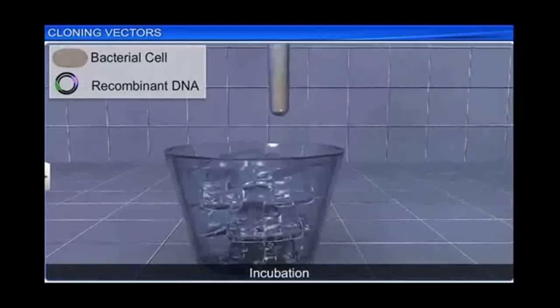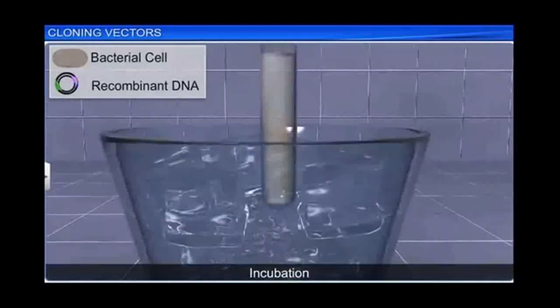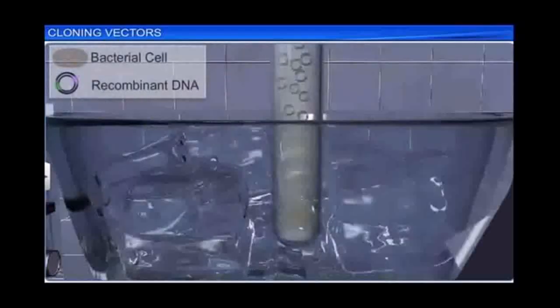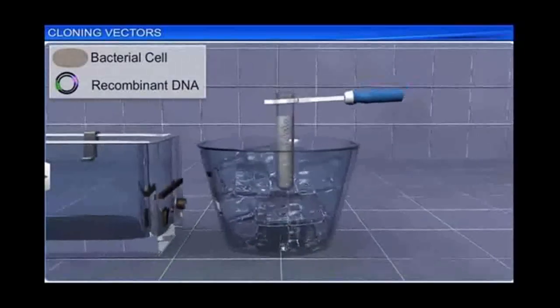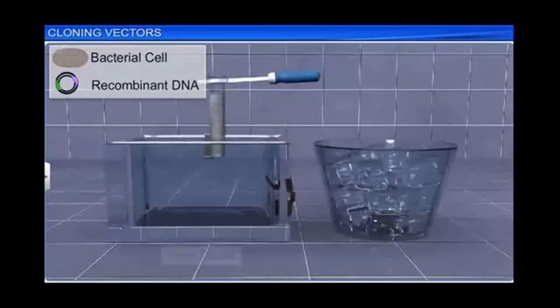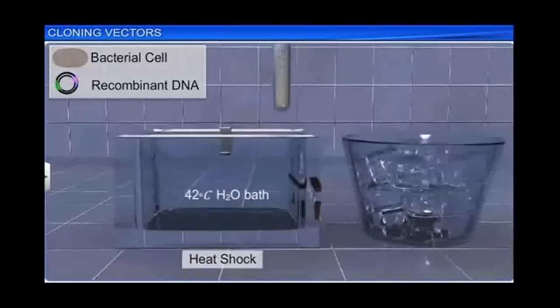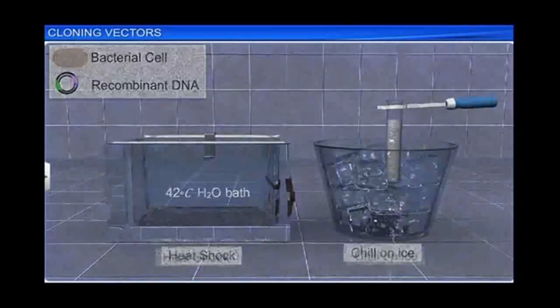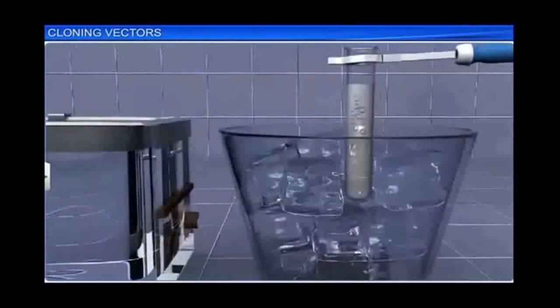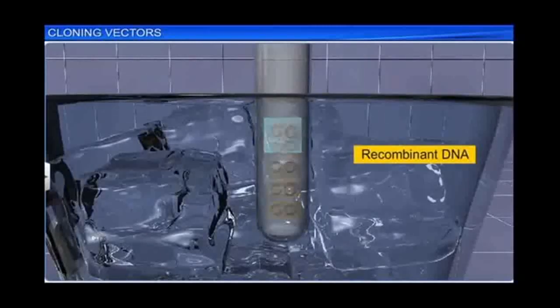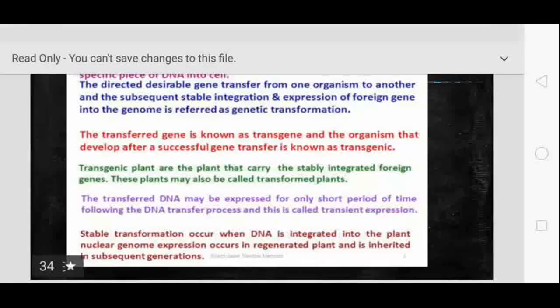After it is introduced into the cell, it should be incubated on a cold surface. The rDNA is kept in cold ice conditions, which are immediately replaced by a high temperature of 42 degrees Celsius. Again, they are put back into the ice. This helps the bacteria take up the rDNA. So our gene of interest is inserted here.